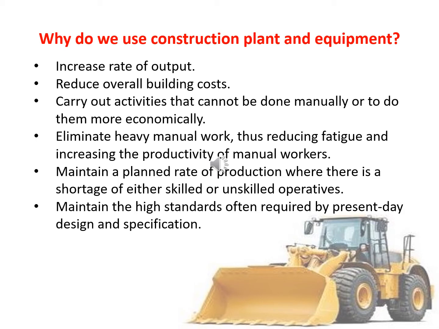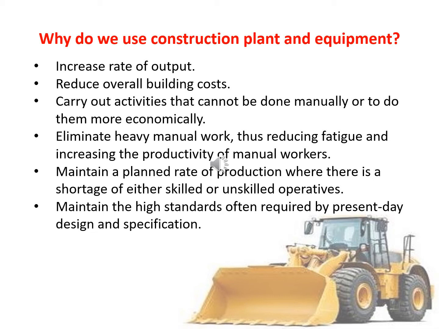Why do we use construction plant and equipment in construction works? It increases rate of output. It reduces overall building costs. It carries out activities that cannot be done manually or to do them more economically.